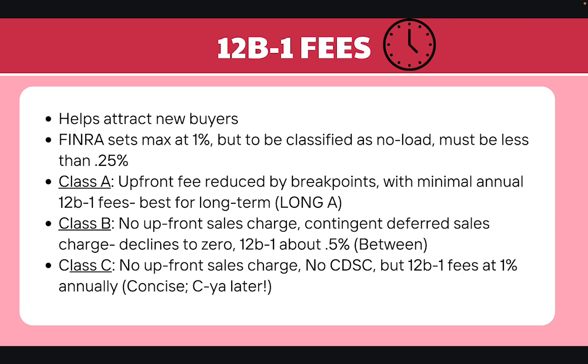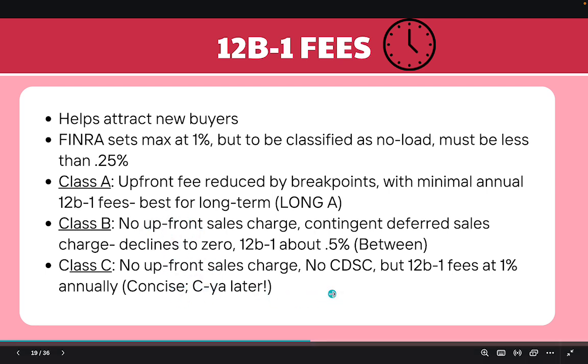So this is if you want a quick investment, a see you later, and get out. If you're going to do a long-term investment, you're going to look at Class A. Your fees are up front with minimal annual 12b1 fees. Class B, we've got the contingent deferred sales charge, so that's a medium kind of commitment. And then if you want to just get in and get out, see you later, with your Class Cs.